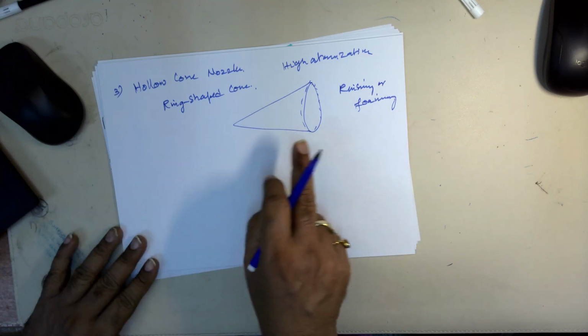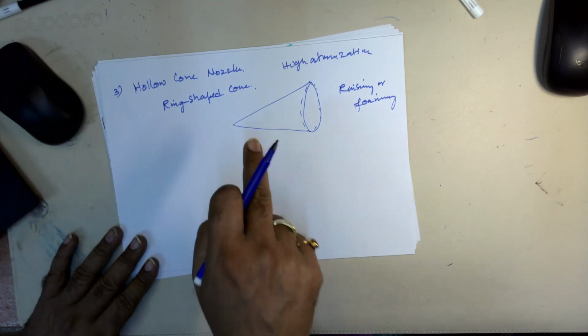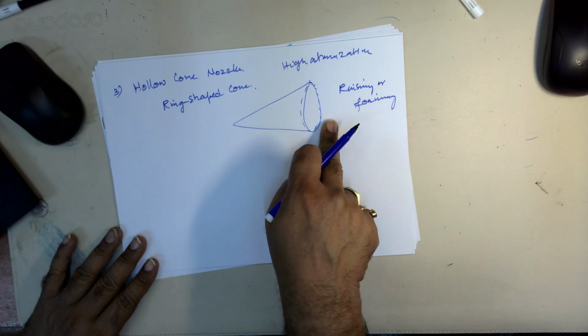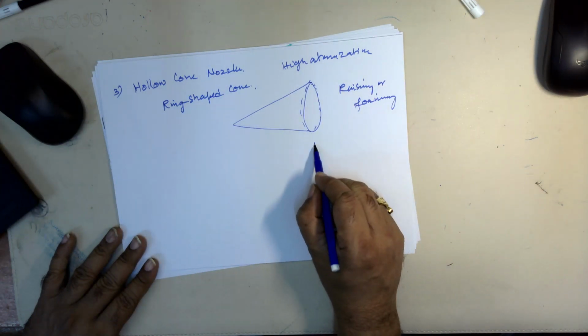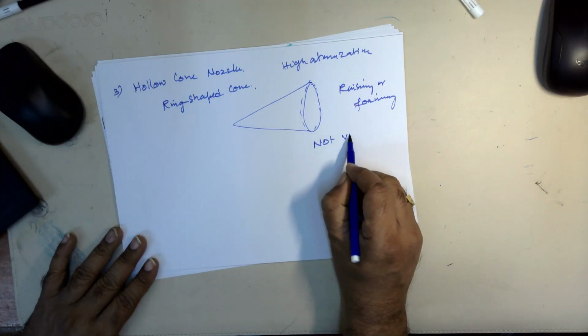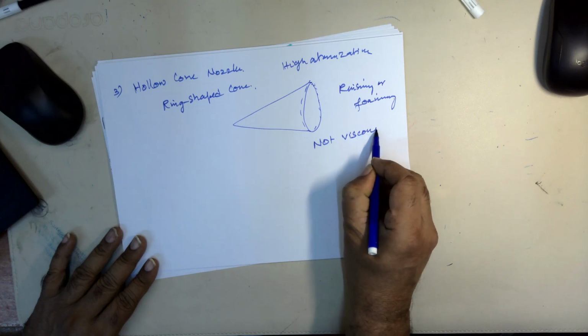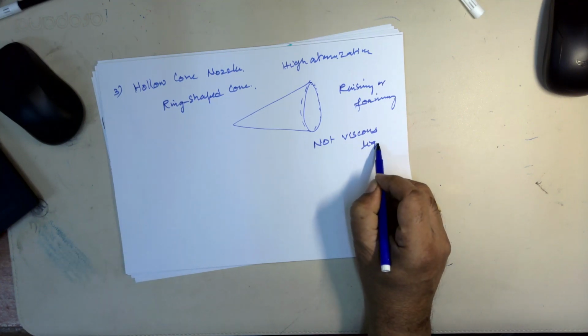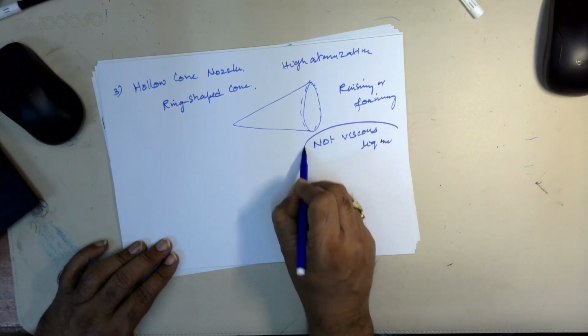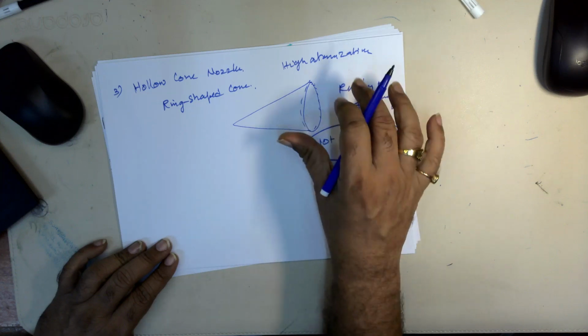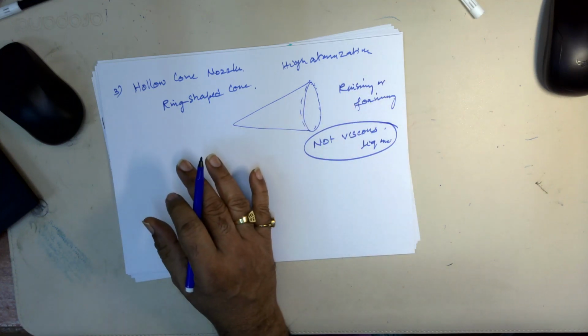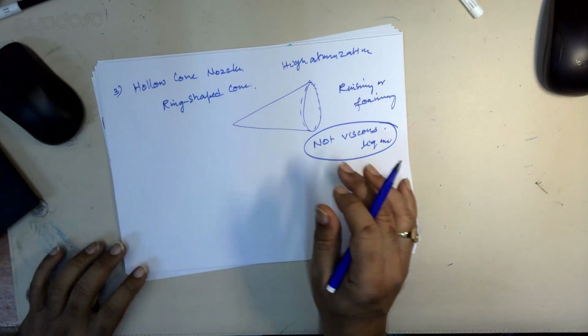And this should not be used for viscous oil. Yeah, viscous liquid or viscous oil. If the liquid is very viscous, we should not use this kind of hollow cone nozzle.